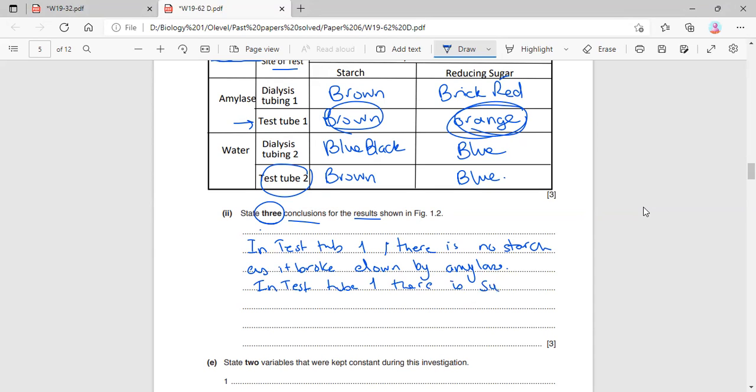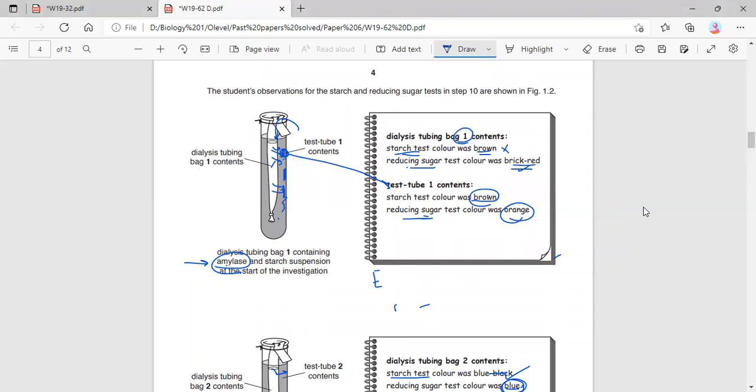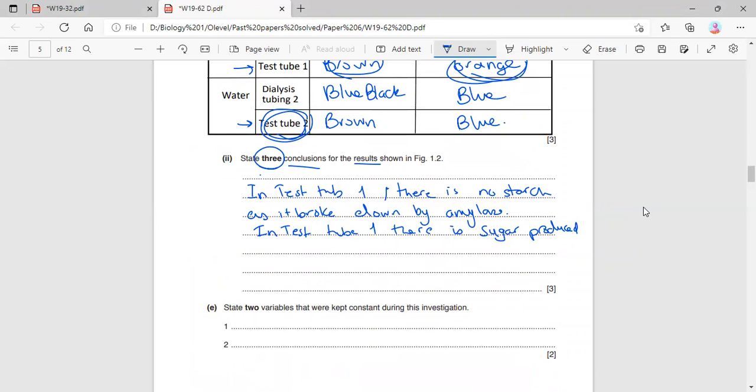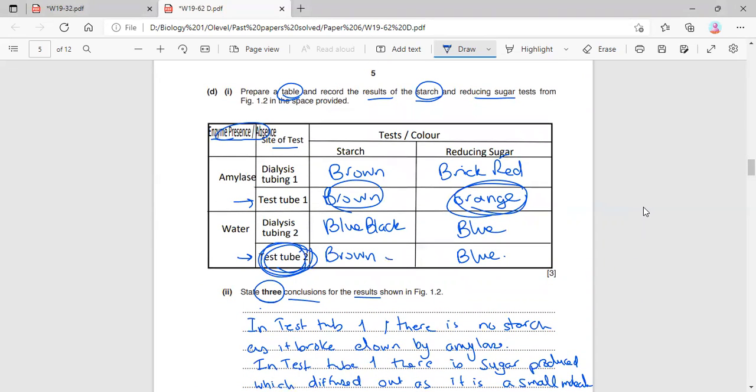There is sugar produced. What about test tube 2? In test tube 2, the sugar produced inside diffuses also. I can add that after the sugar was produced from the amylase that broke down starch, it diffuses out as it is a small molecule. The last thing, in test tube 2, there is a negative starch test.